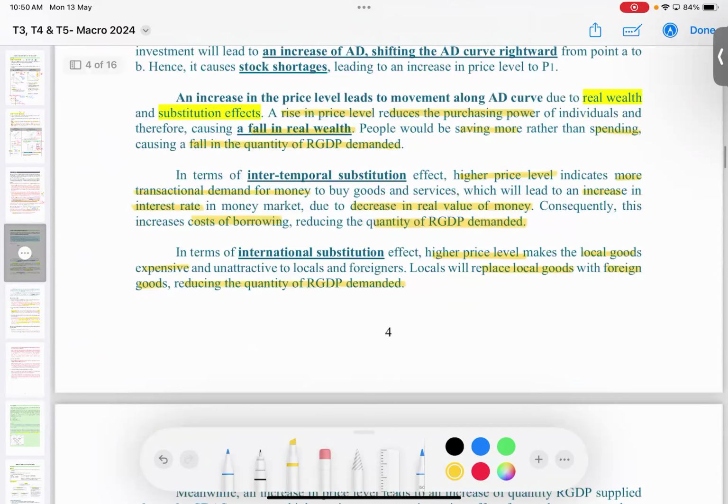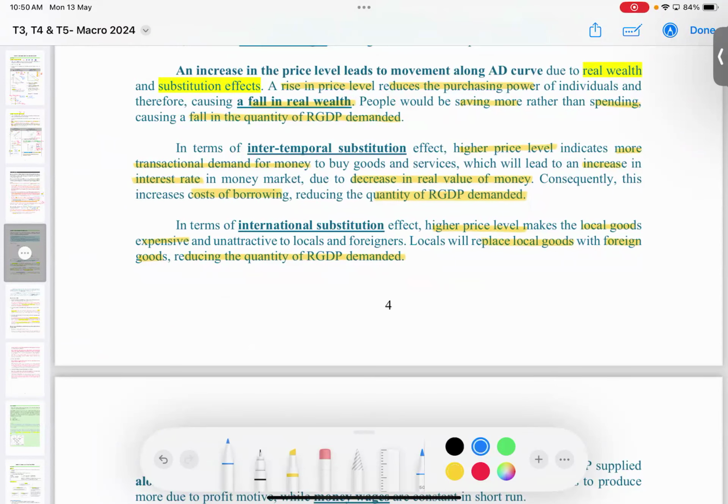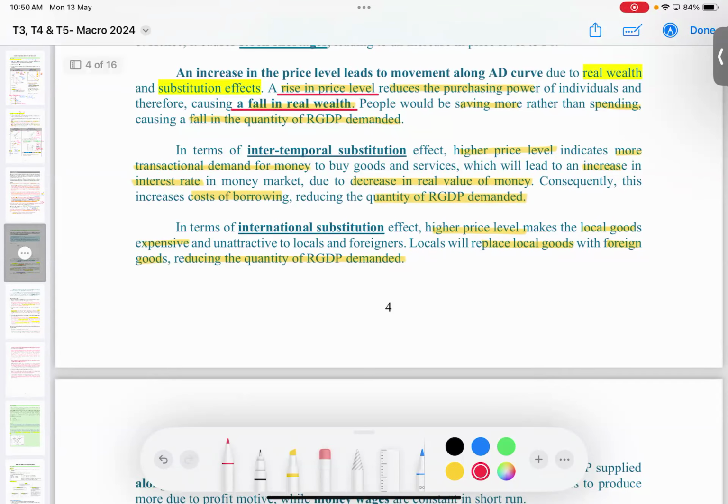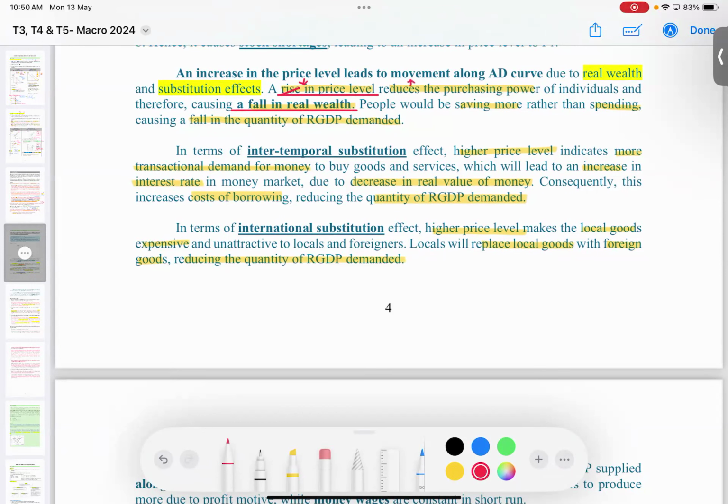This is for me to explain the wealth effect. But here we talk about a rise in price level. That means you need to change it, because in that question we are saying that the price level is falling. So you change it to: a fall in the price level increases the purchasing power, and that results in a rise in real wealth.